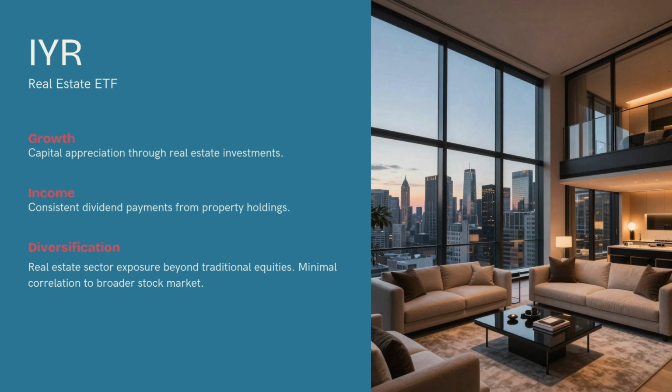However, what we really like about IYR is that it does have stability in terms of dividend payments to the underlyings that make up the IYR. There is a lot of price stability in that regard. The diversification outside of traditional equities is excellent.